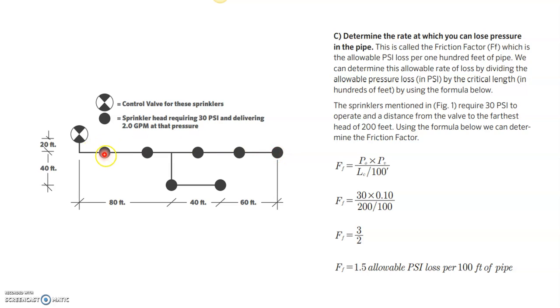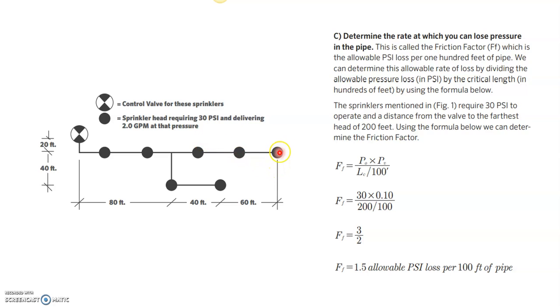But the initial head may receive the excess psi. We need to maintain only a 10 to 20% difference between these two heads. Otherwise the uniformity of the sprinkler heads may vary. For example, if it is operated at 35 psi, it may give us 2.3 gpm of water, but at 30 psi it only gives us 2 gpm.